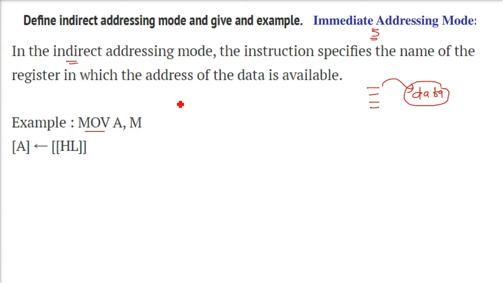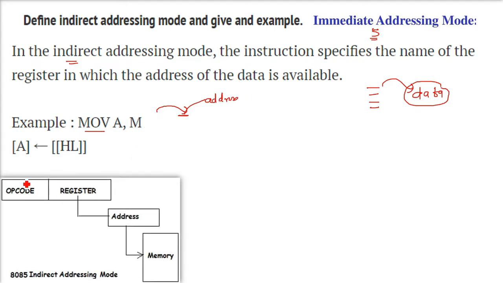So you're not telling the direct address of the data. You're telling that this will have the address of that data. Let me tell you again: in the instruction here, we have an opcode, and here we have a register. This register will have an address, and that address will have the address of the data.